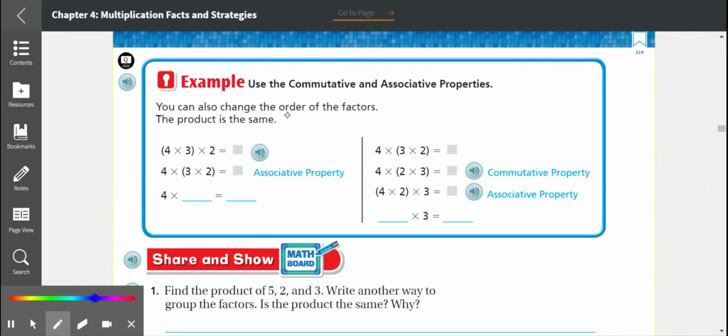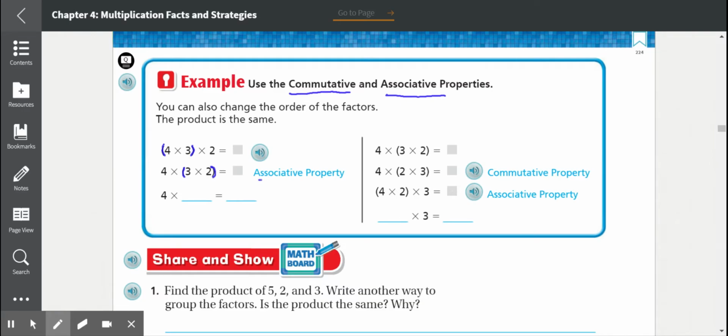You can also change the order of the factors and the product is the same, right? This is called the commutative property. So we can use commutative and associative. So here we have 4 times 3 times 2, 4 times 3 times 2. But see, look what's different. They changed the grouping.